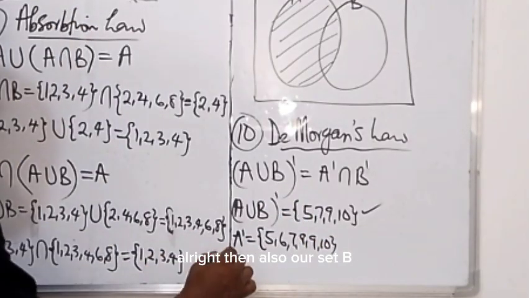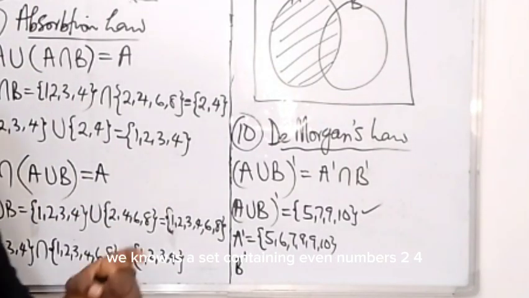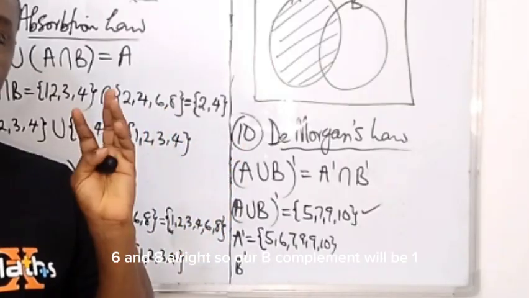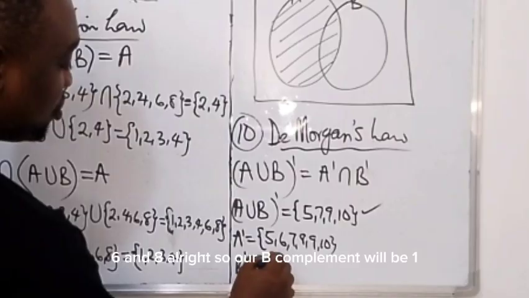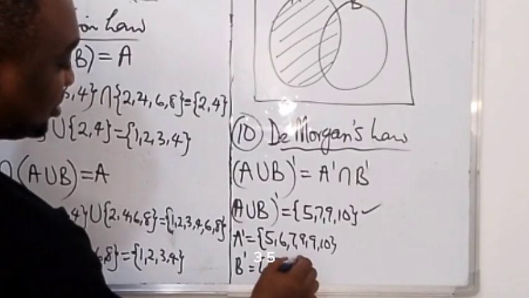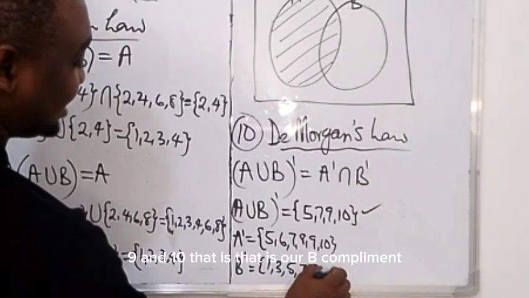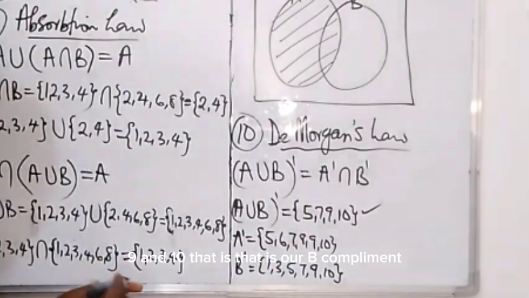Then also our set B, we know, is a set containing even numbers 2, 4, 6, and 8. So our B complement will be 1, 3, 5, 7, 9, and 10. That is our B complement.